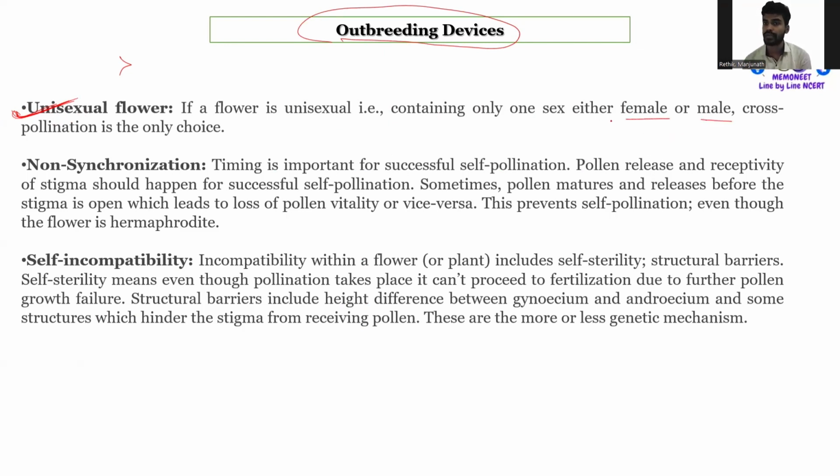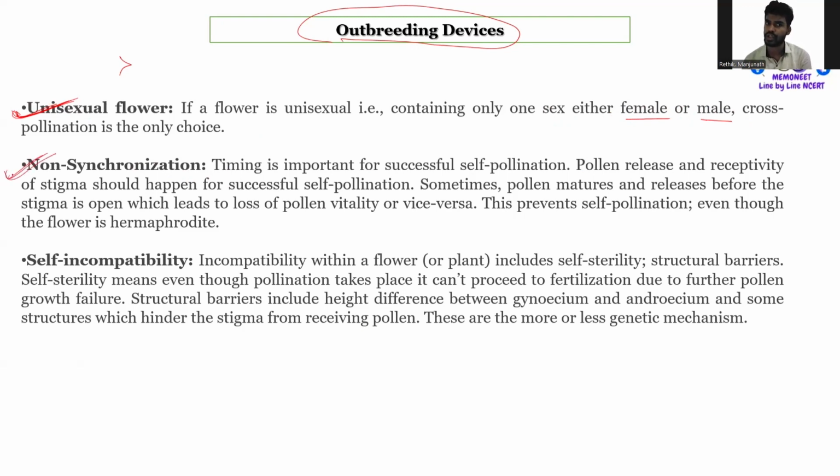In that way self-pollination will not happen, and there is no choice left, so cross-pollination has to happen. Pollination from one plant's flower to another flower will definitely happen. In this way inbreeding is stopped. So this is one outbreeding device. Another outbreeding device is non-synchronization.